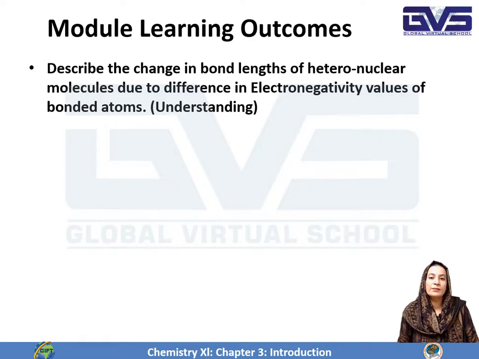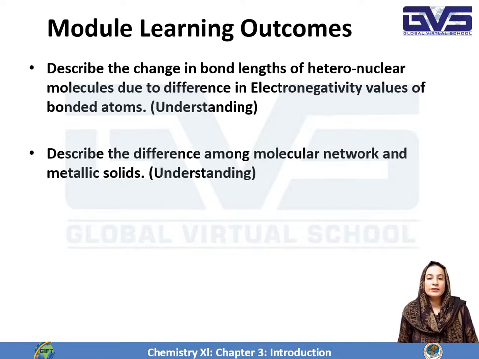Every atom has some electronegativity value. Electronegativity basically is the tendency of an atom to attract the shared electron pair towards itself. So if one atom has greater tendency, it will attract the shared bond pair towards itself more as compared to the other. On the base of this, their bond length changes.